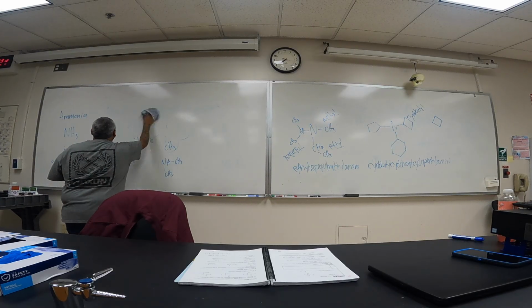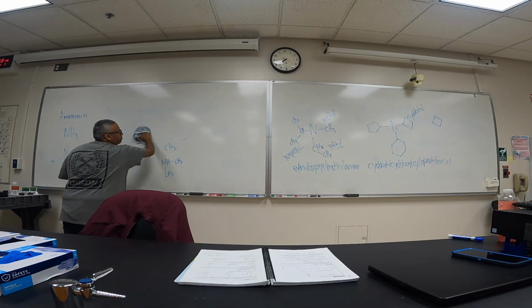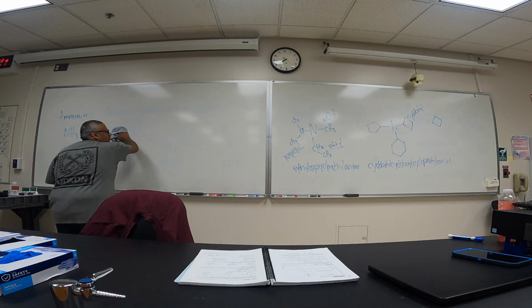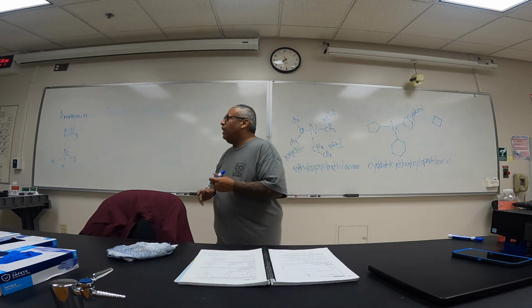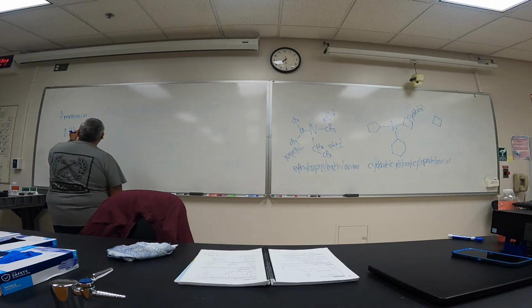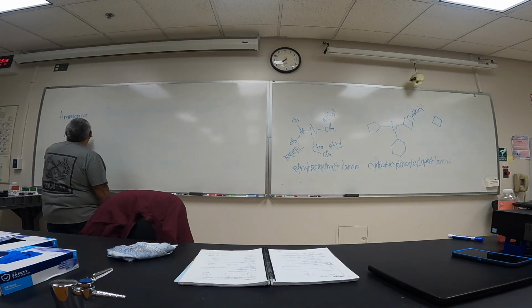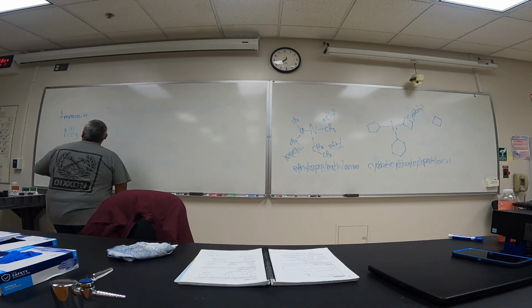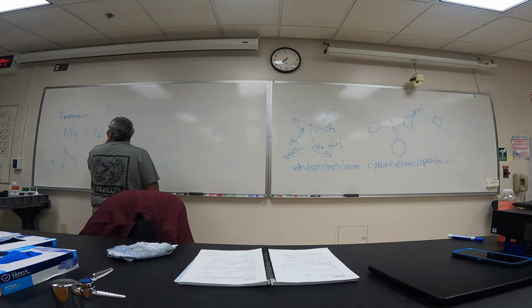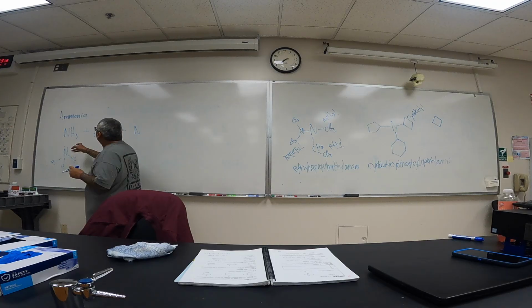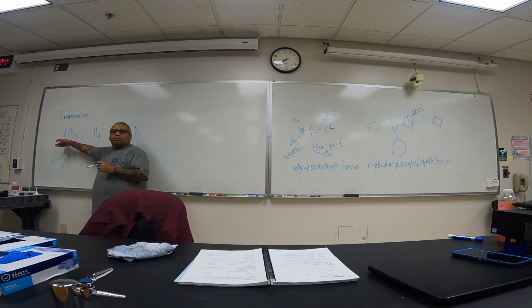We're going to stick with ammonia over here. And if we put this base into water, we can ionize it. This is my base. This is going to act as my acid. So we donate hydrogen.